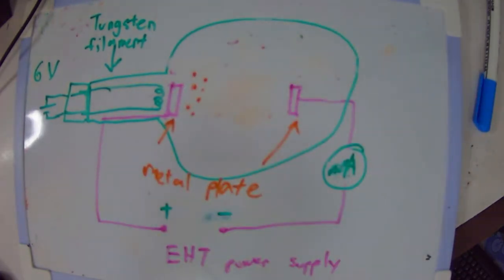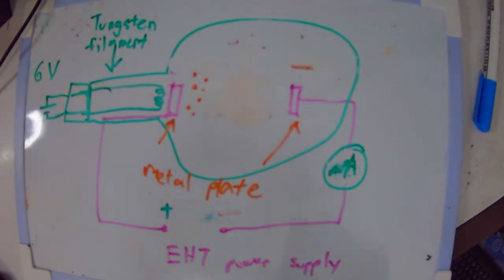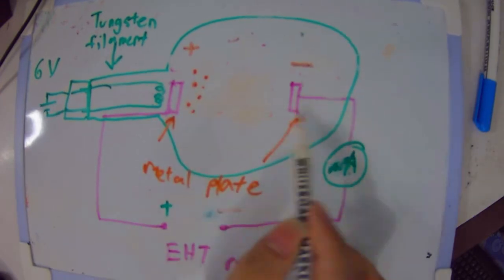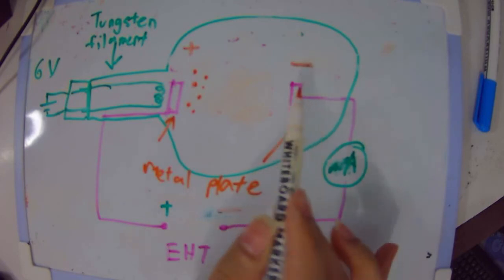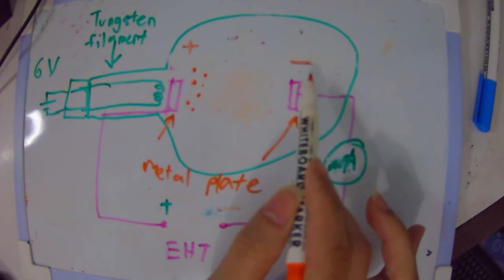If you remember the property of an electron, you remember that electrons are negatively charged, right? Because this plate is negatively charged now, and this side is positively charged, these electrons have no interest in going here. These electrons are negative, and this side is also negative.